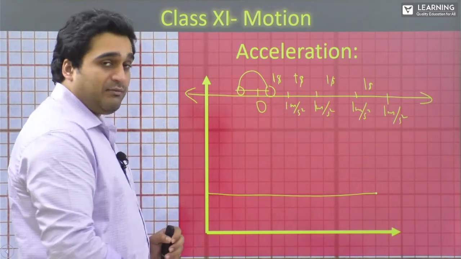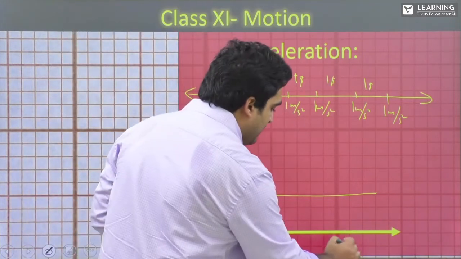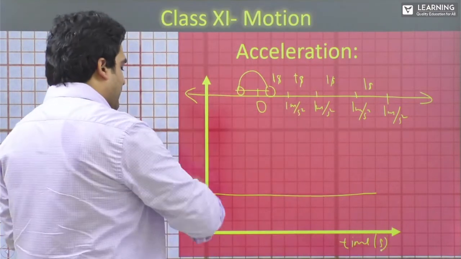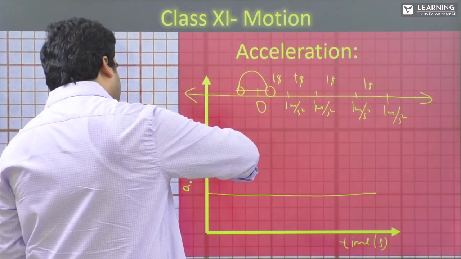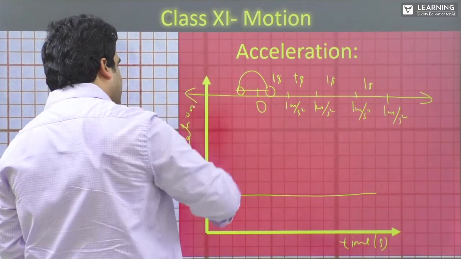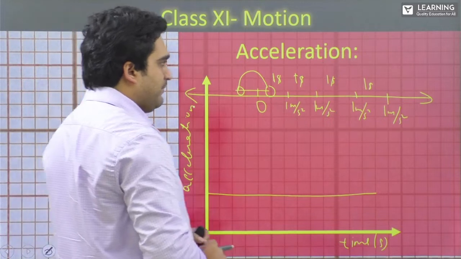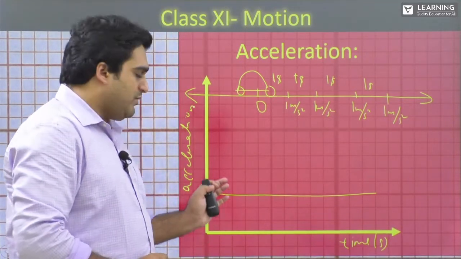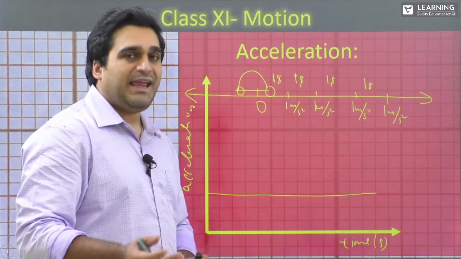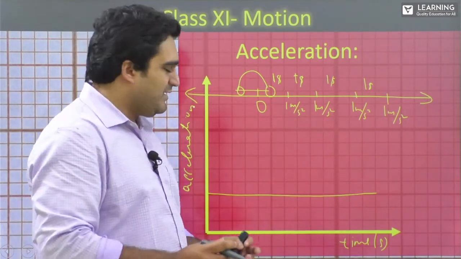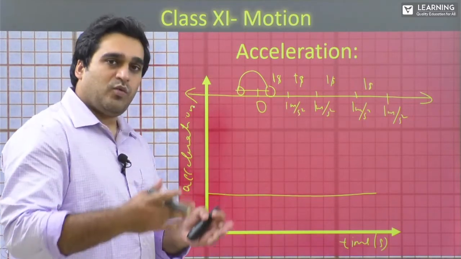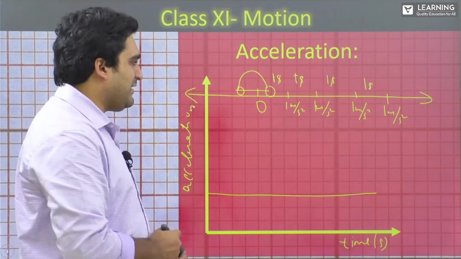But which one is the time axis? Remember, it's the x direction, the time axis. And along the y direction, you have acceleration. So this is an example of an acceleration time graph, or simply we call it AT graph. See? So you have three different types of graph, one called XT, VT, and now AT graph.